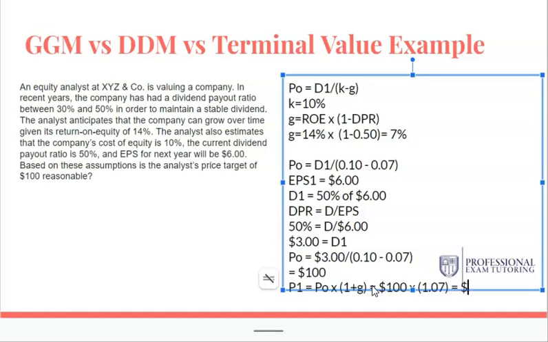So this ends up working out to a price target of 107. So as you can see here, we would say the price target should be 107. So actually a price target of 100 might be a little lower than might be reasonable.